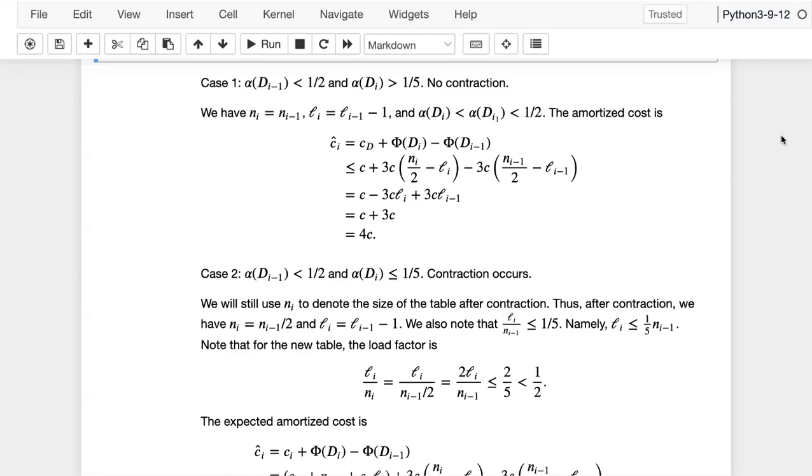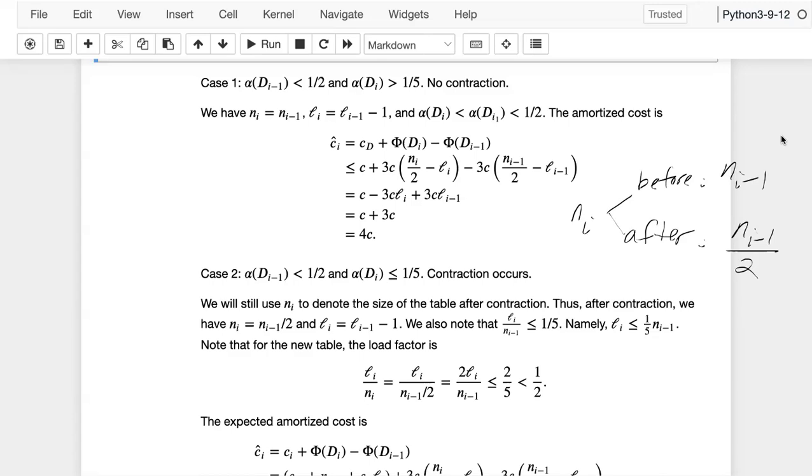So again, as before, for this n sub i we have 2 versions, before contraction and after contraction. Before contraction is equal to n sub i minus 1, and after contraction it is only half of it, n sub i minus 1 over 2.